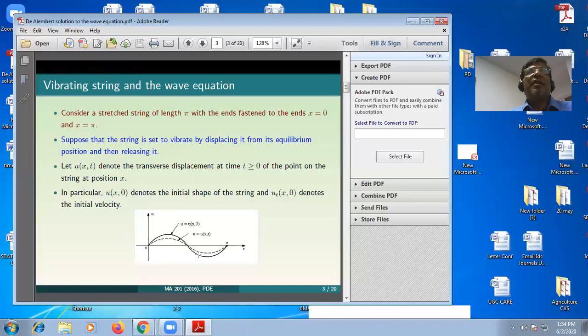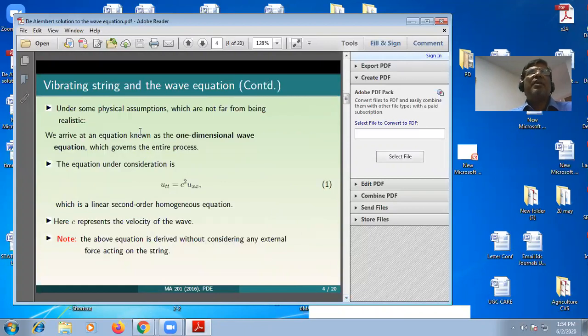You can understand the fact from this diagram. In particular, u(x,0) denotes the initial shape of the string and u_t(x,0) denotes the initial velocity. Means if distance is differentiated with respect to time, then we find velocity.